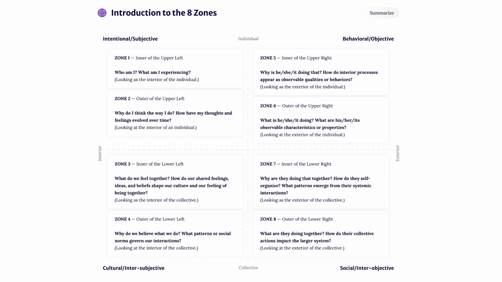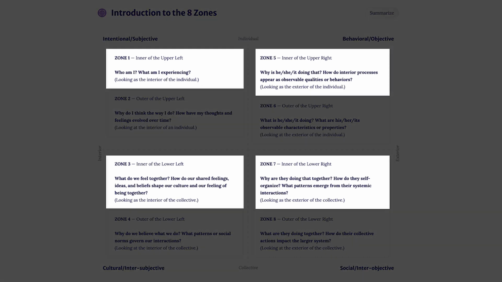So what I do here is talk about what I call zones, which are, if you take the four major quadrants and you look at each one from an inside subjective view, you'll get one particular type of perspective.